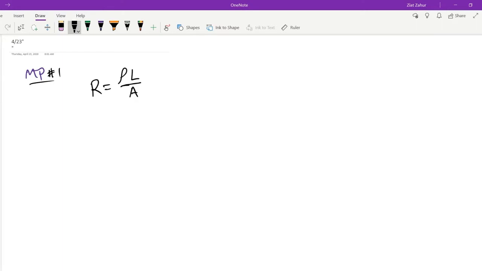Okay, so we know that R is resistivity times length divided by cross-sectional area. So if you had an object like your resistor, so let's draw a nice cylinder. So the cylinder is some sort of resistor.